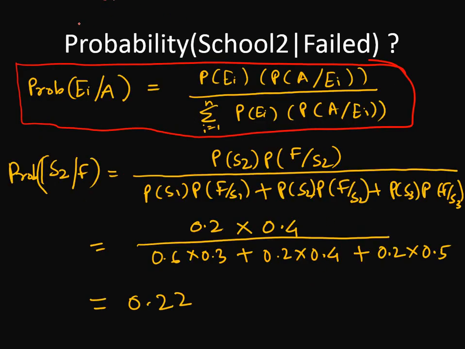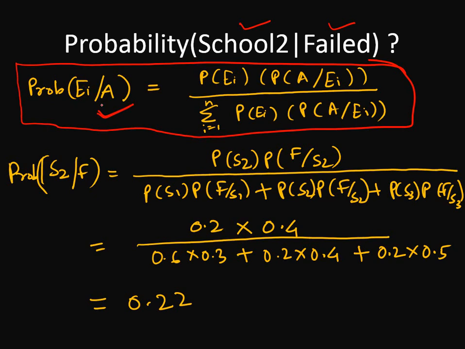So the question in front of us is to find the probability that the student randomly chosen belongs to school 2, given that he's from a group of failed students. We'll use the Bayes rule. So the Bayes theorem, or the Bayes formula, is like this.